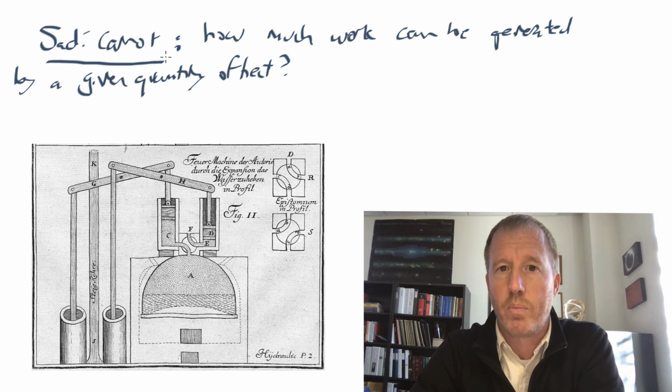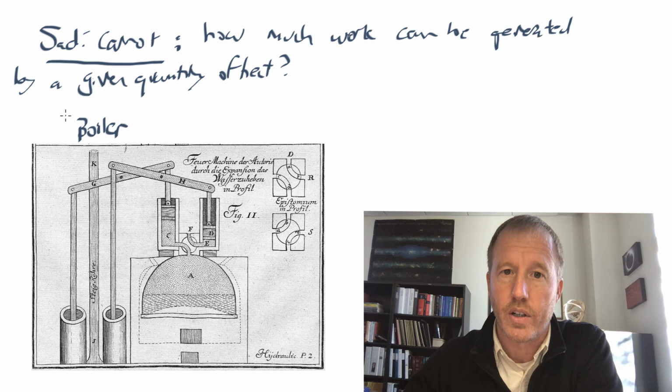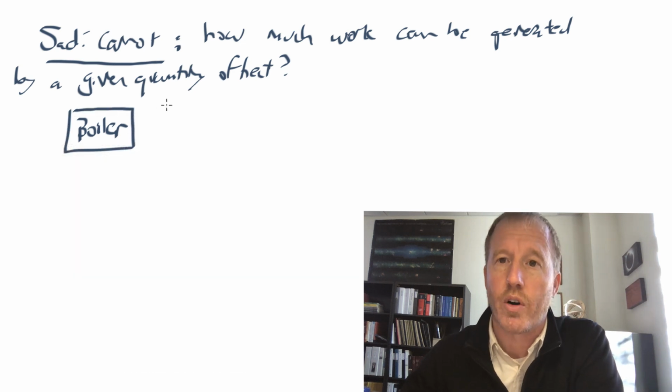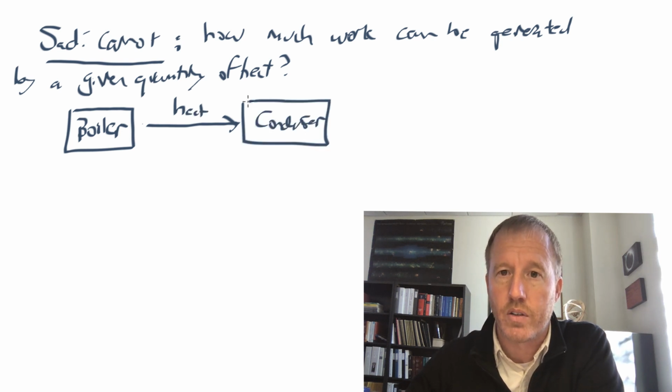So Sadi Carnot, being an engineer, wanted to know how much work we can get out of a certain quantity of heat. So if you have a boiler right here, like on a train, you're heating up water using coal, and you have heat flowing to a condenser or to some other cold object. In so doing, you can extract some work.